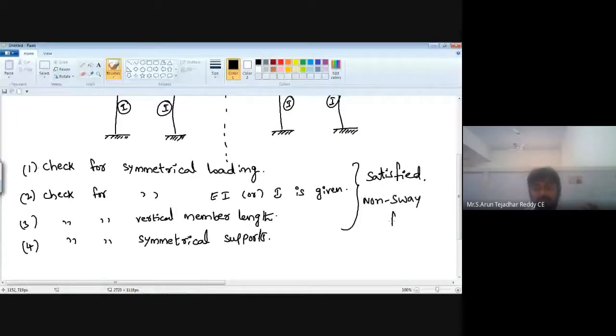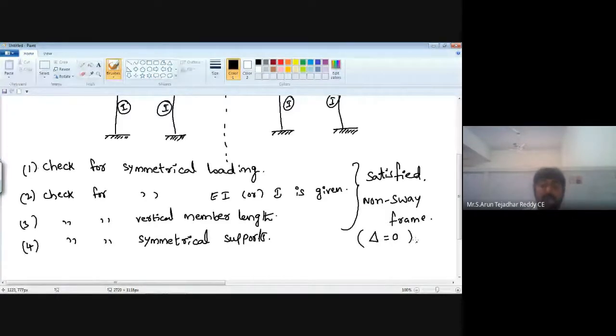Is it clear? If the four conditions are satisfied, then it is a non-sway frame. It means in this non-sway frame, our deflection delta is always zero.